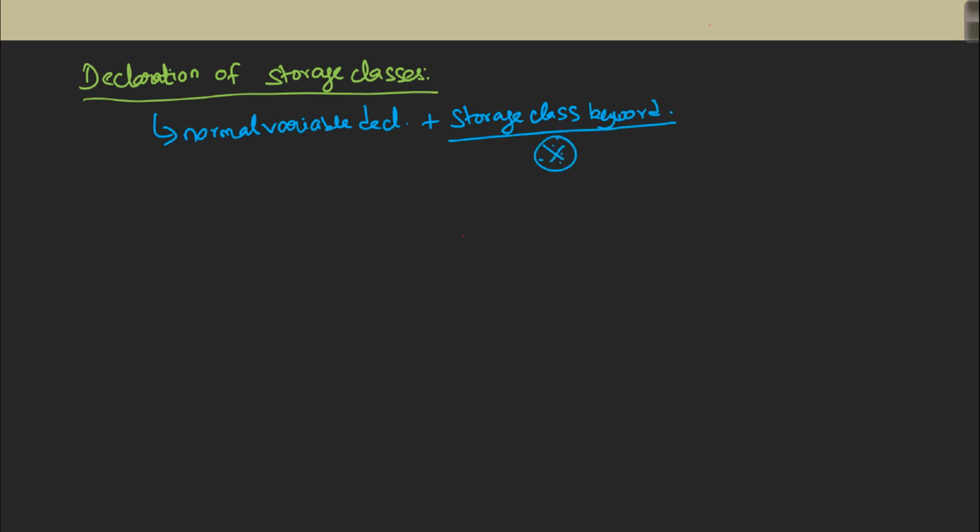Let me give one example for each and every type. Suppose for a normal variable declaration you will be using int a, b, c, and if you are using auto you have to put auto in front of it. Okay, so this is the first one. Suppose you are declaring some float variables like root1, root2, and you want to make them extern variables, then you have to put the keyword extern in front of it.